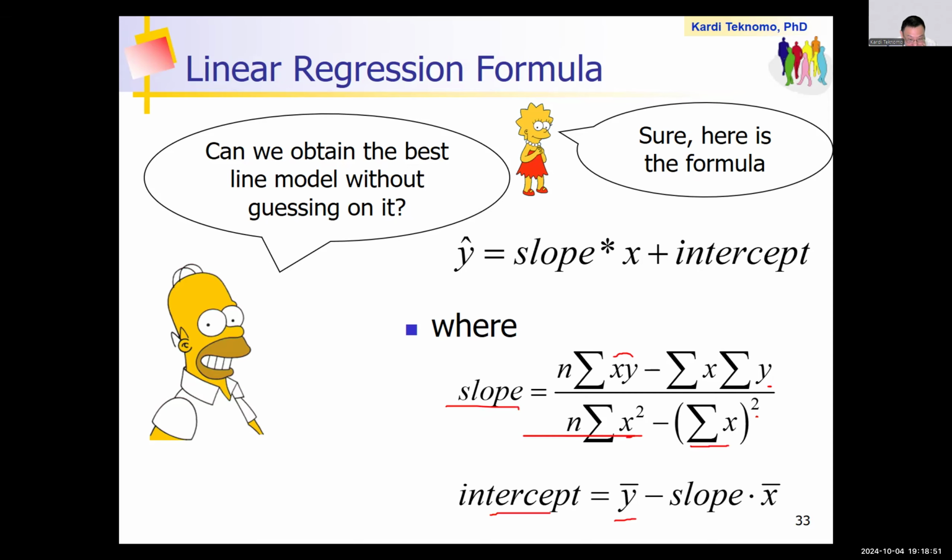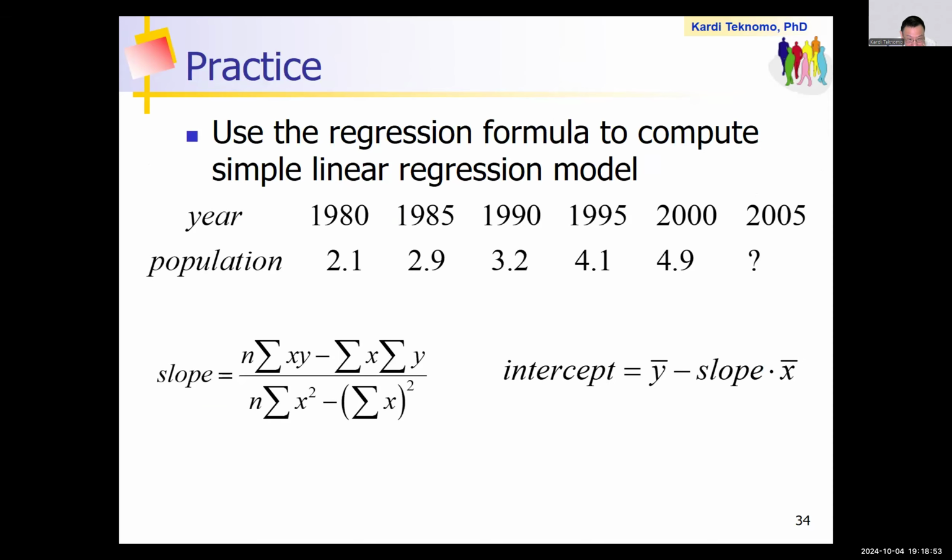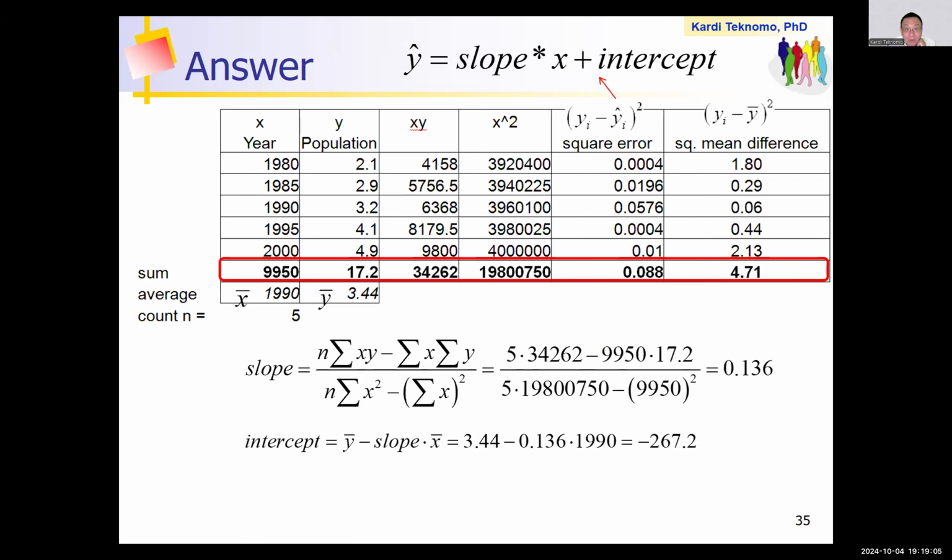In this example, if you want to do it manually, without the Excel formula, this is what you need to do. You get the x, the year, and the y, the population, and then you take the sum. The sum of all of this is 9,950, and then you take the average.